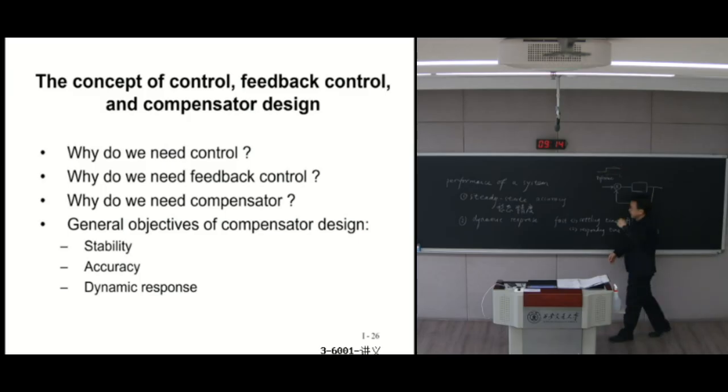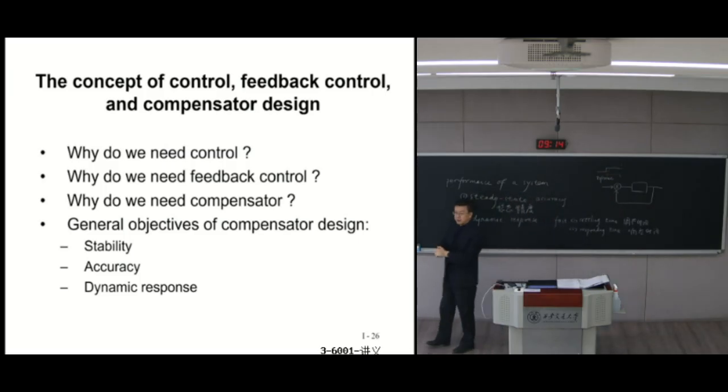These are the two performance indexes that we often use to evaluate whether the dynamic response of a system is fast enough, in terms of changes in reference and when a disturbance happens.